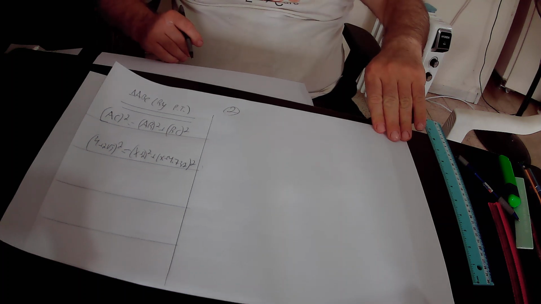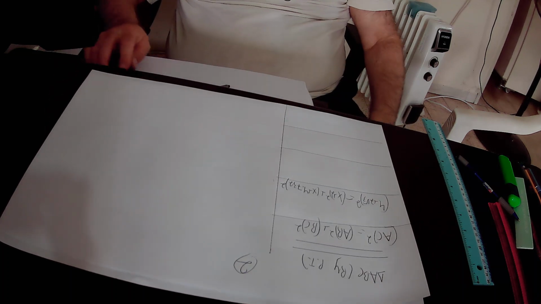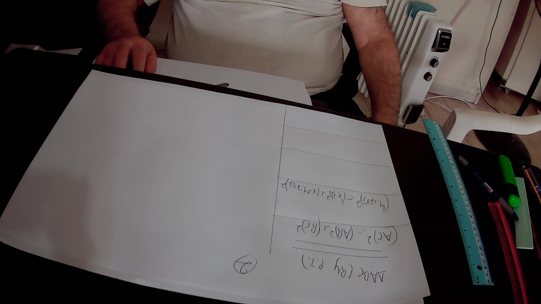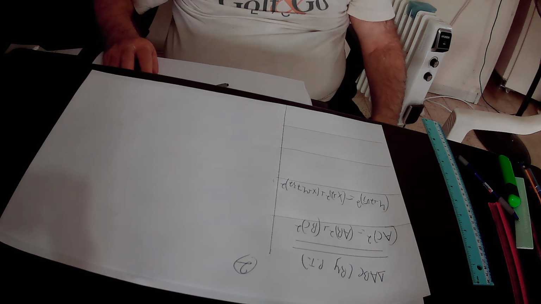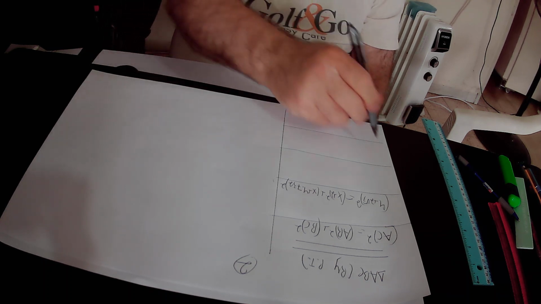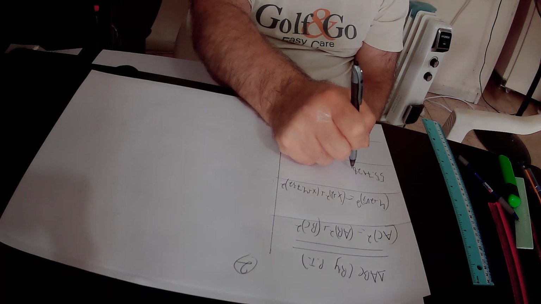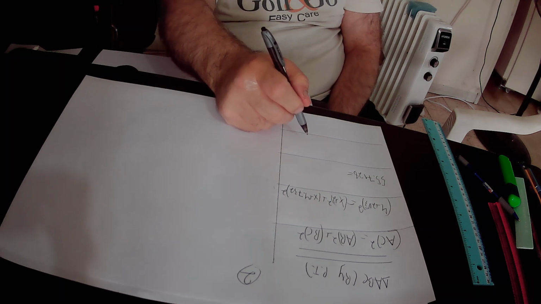So what is the value of 4 plus 2 times square root of 3 squared? Actually, it equals 55.7128.